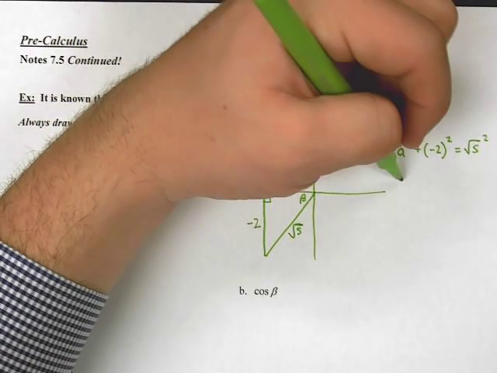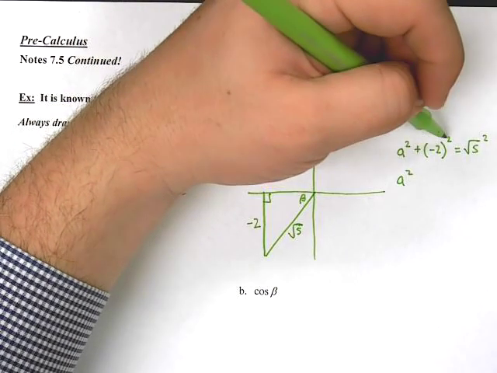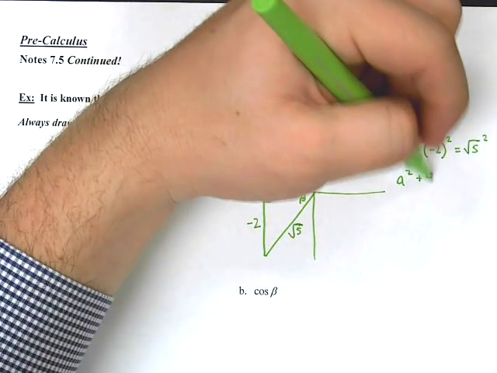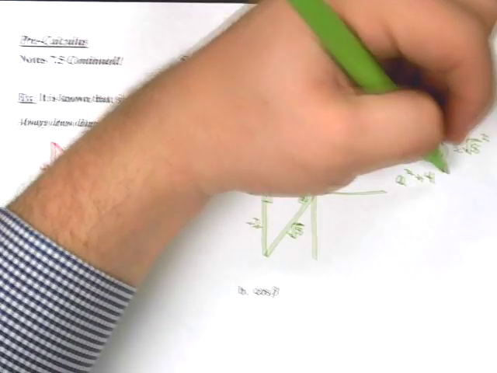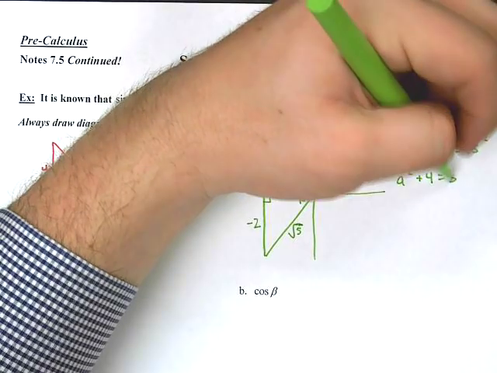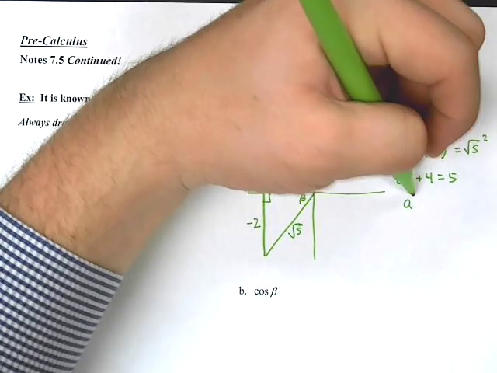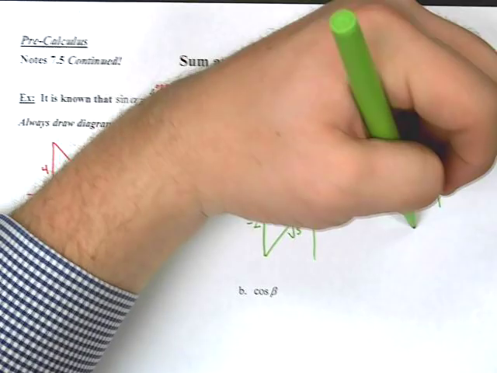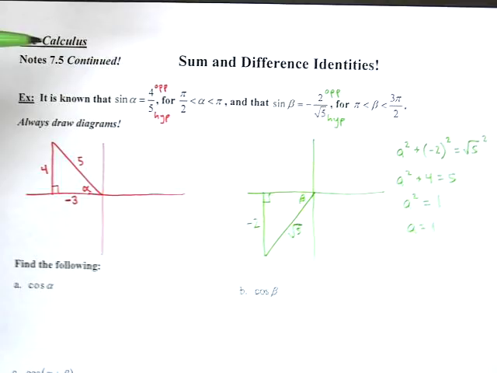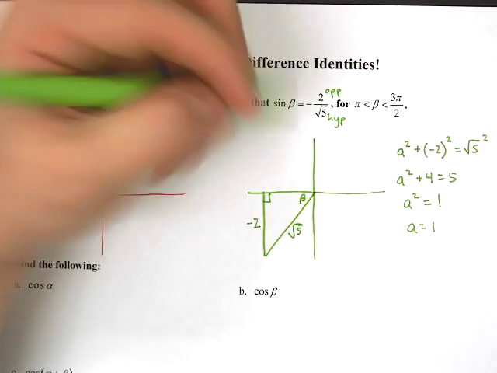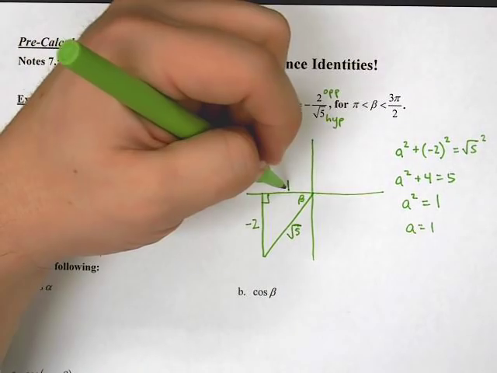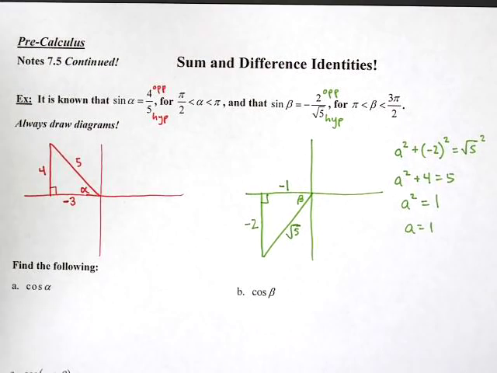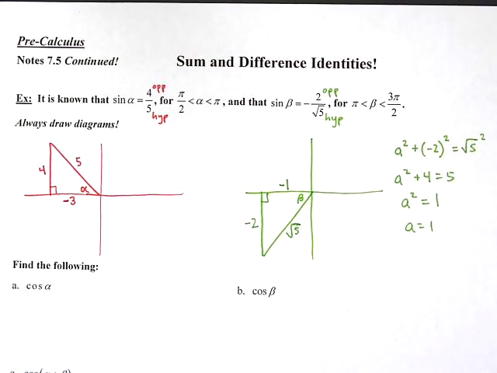This will be a squared, -2 squared is just positive 4. Please remember that a quantity squared will always be positive. And square root 5 squared is just 5. A squared is equal to 1, so A equals 1. When I put that 1 on the missing side, I remember that I'm going to the left, so I must make sure that I put a -1.